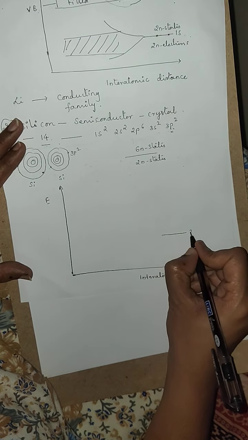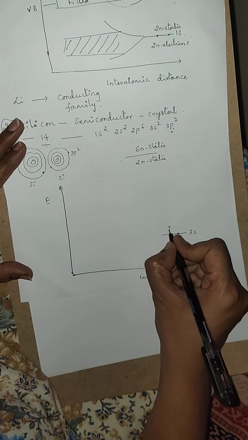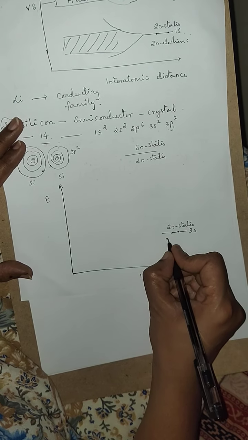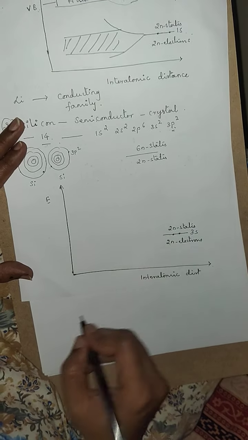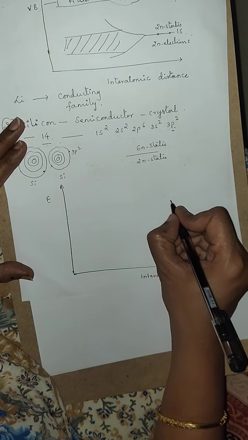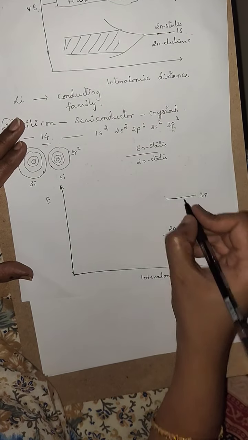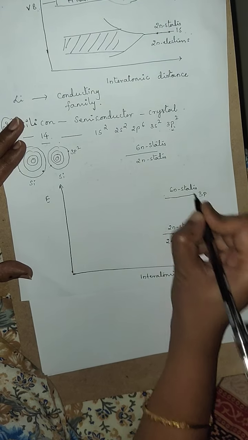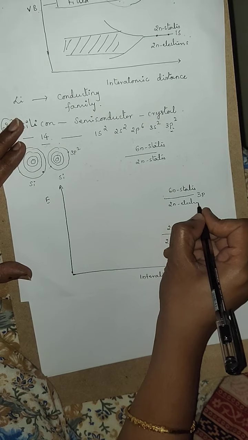This is the 3s state, which has the capacity of 2 electrons, or the capacity of 2n states. It also has 2n electrons. Now let us take the 3p state somewhere here. So this is 3p. 3p can accommodate 6 electrons, so it has 6n states, but only 2 are filled, so it has 2n electrons.